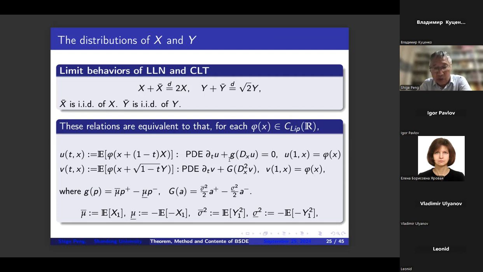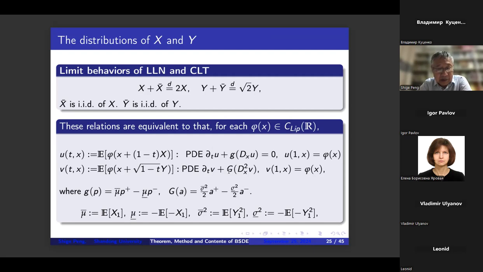I call it the small g PDE. We can also have v(t,x), given like this. The only difference is this is 1 minus t, and this is the square root of 1 minus t. And then we can prove that they become this one.